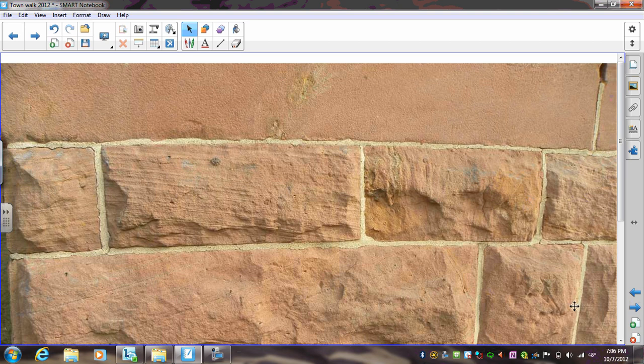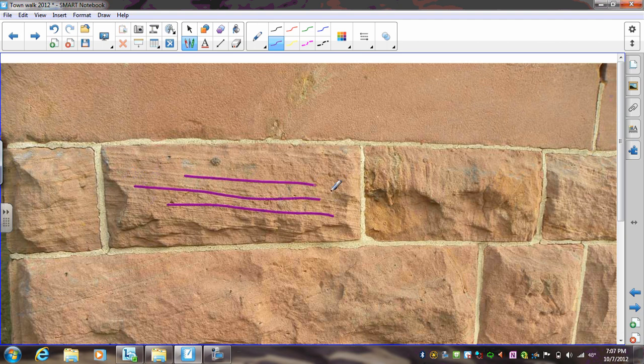And it had a very rough feel to it. You can kind of see some of the bedding planes that are in this rock. I see lines that are running through the rock like this. Up here, they're moving up in this direction.